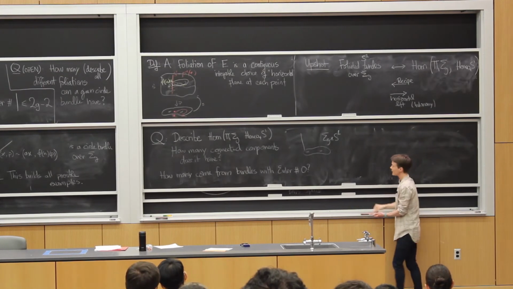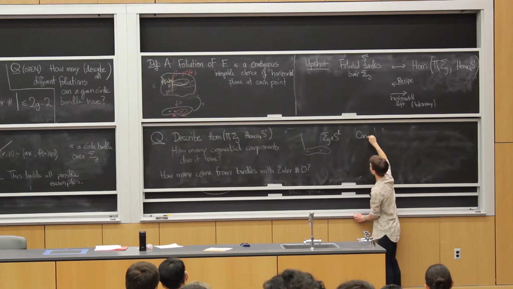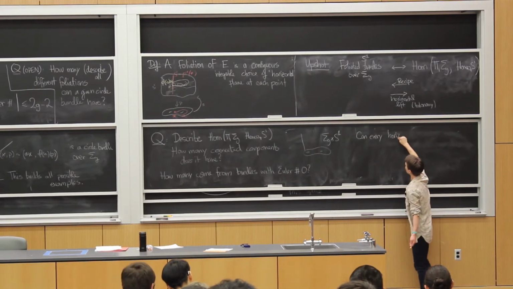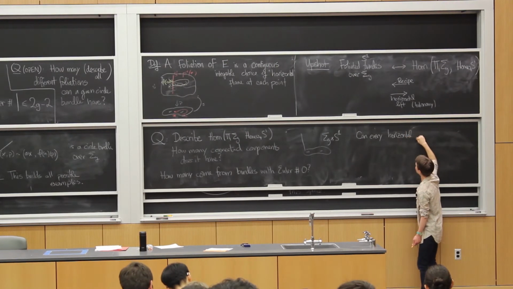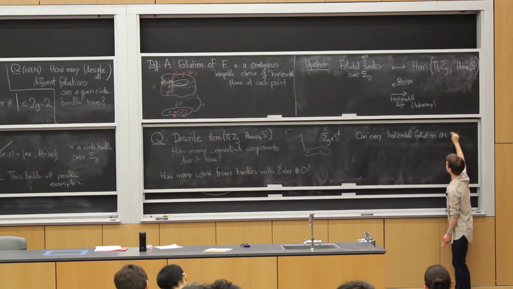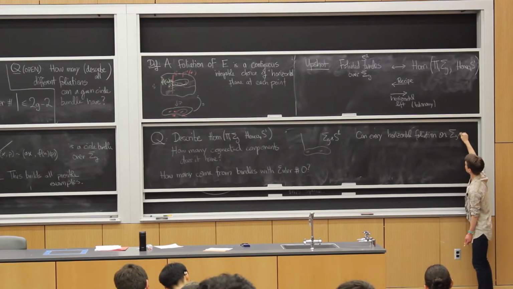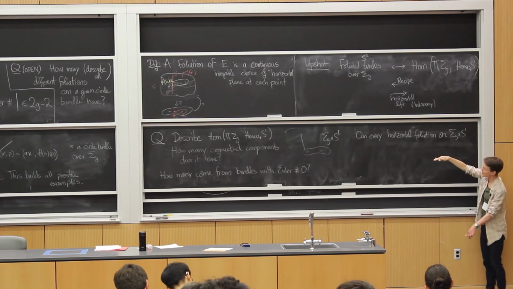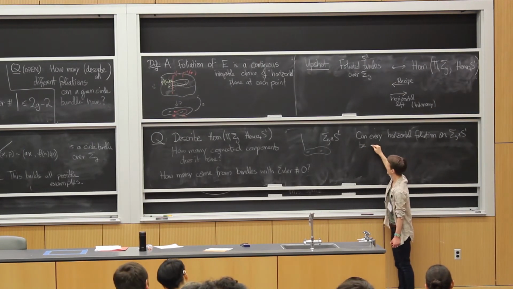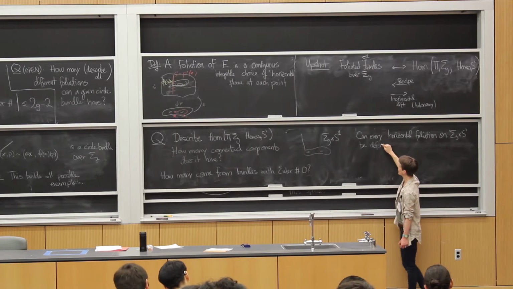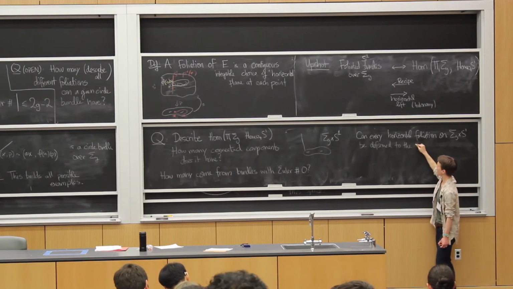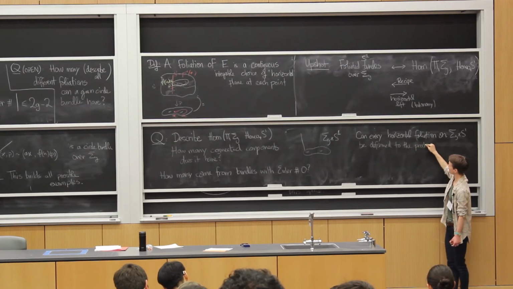Okay. So the question is, can every horizontal foliation on the product, can every foliation transverse to the circle direction be continuously moved, deformed, to the product foliation?